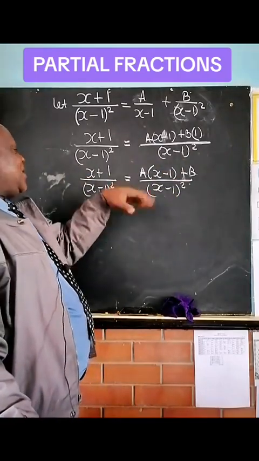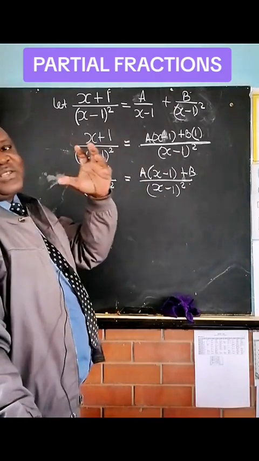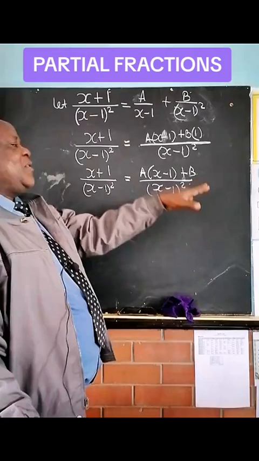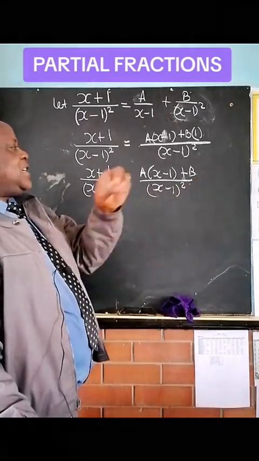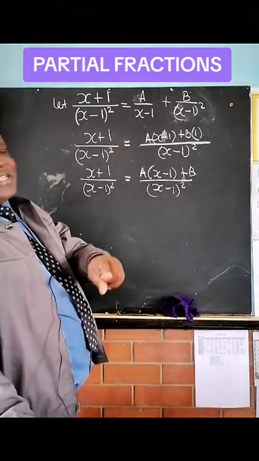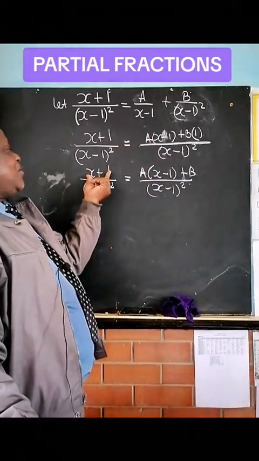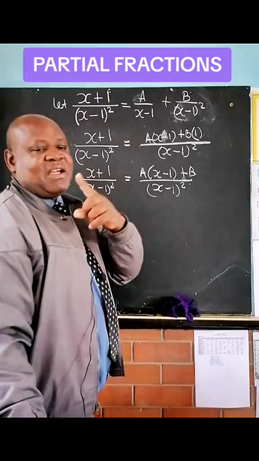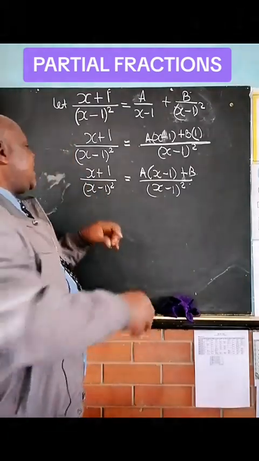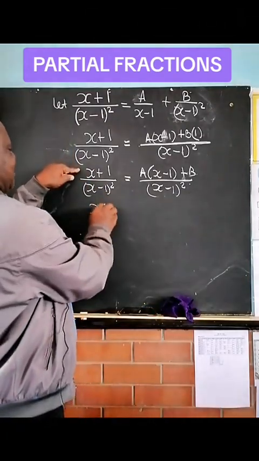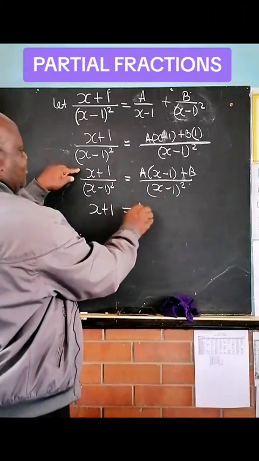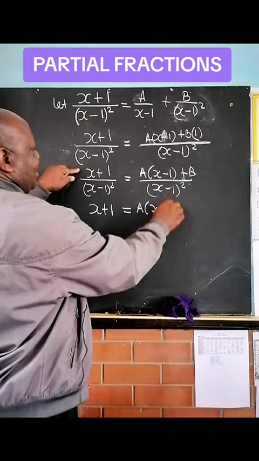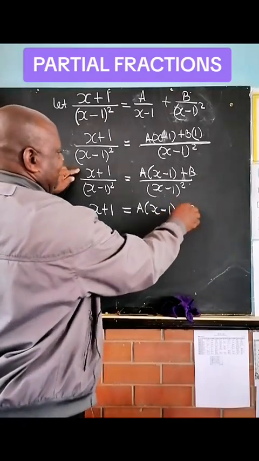And the denominator of the fraction on the left is equal to the denominator of the fraction on the right. That justifies the equality between the numerator on the left to the numerator on the right. So I am justified to say x plus 1 is equal to a x minus 1 plus b.